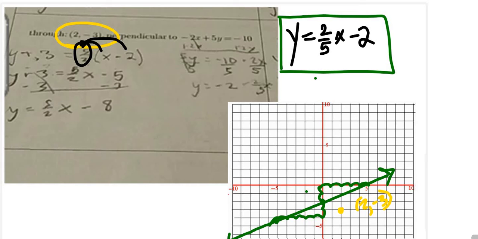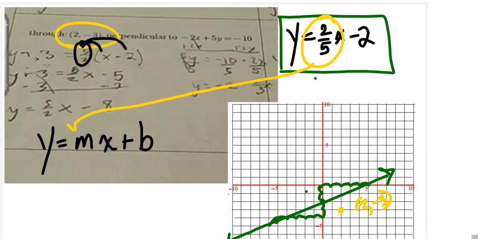So let me show you my method, and we're going to use y equals mx plus b. You ready? Okay, step number 1, we're going to put the perpendicular slope right there. And our perpendicular slope is going to be -5 over 2.